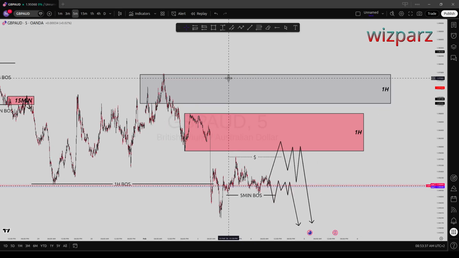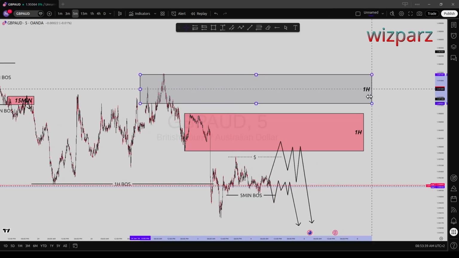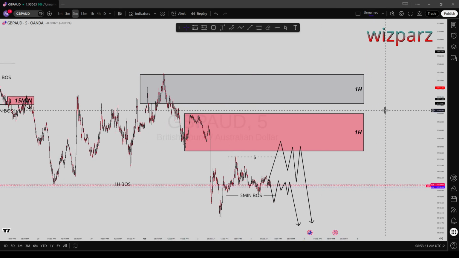Right now there is no sign of price continuing upward. So there is a higher probability the market is going to continue pushing down lower.